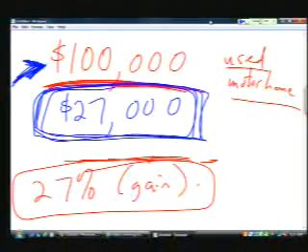This is also known sometimes as capital cost. So time value of money, opportunity cost, capital cost, all of these are pretty much the same. Time value of money, opportunity cost, capital cost.